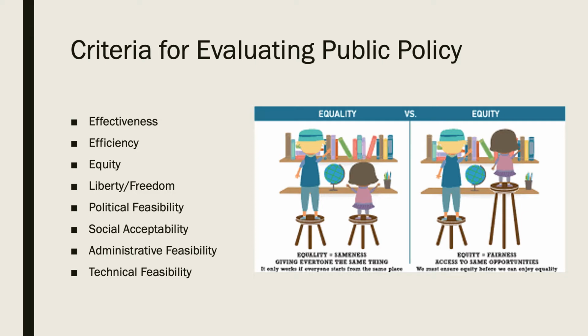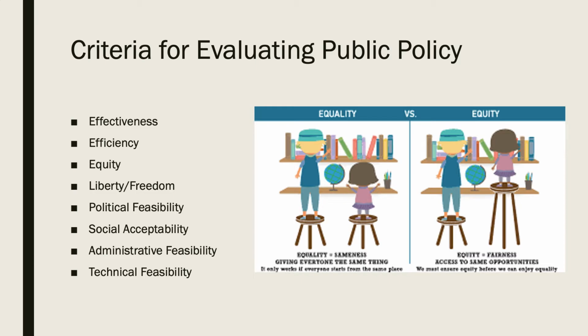What if the state passes legislation that mandates no more than 20 students for every teacher in a K through 12 classroom, but doesn't also give funding to hire new teachers? That might not be administratively feasible. Your local school districts might not have enough teachers to keep the student to teacher ratio at the level that would be mandated. So something has to be able to be carried out.